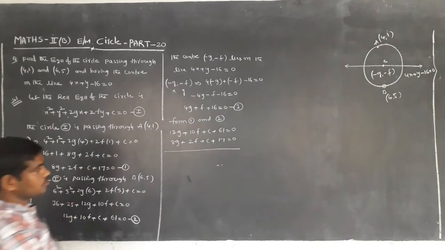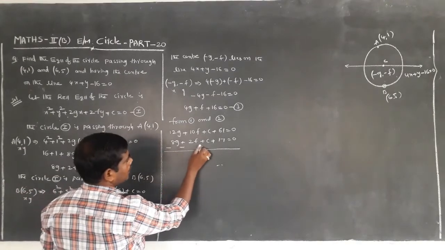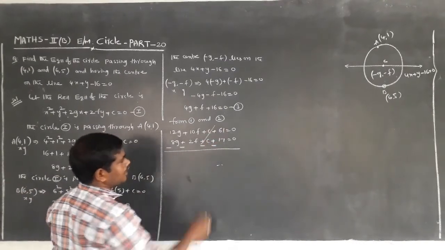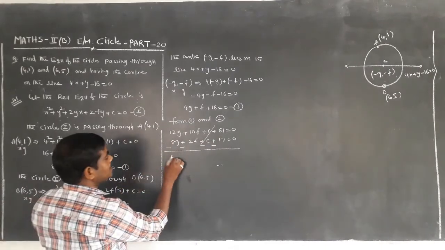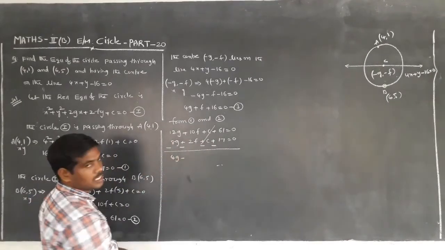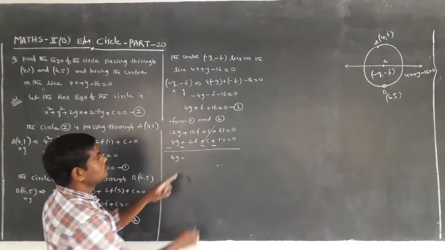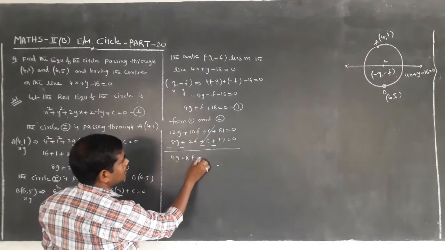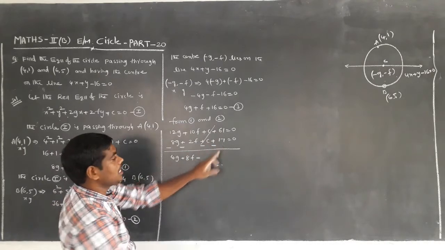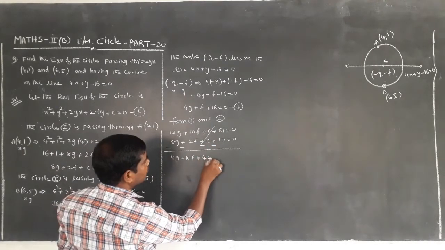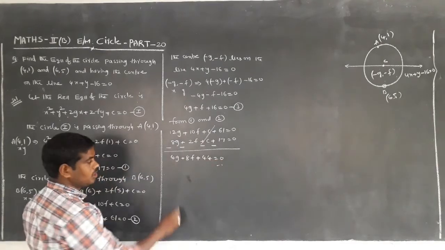Subtracting, plus c minus c cancel. 12g minus 8g is 4g, 10f minus 2f is 8f, plus 61 minus 17 is 44, equal to 0.